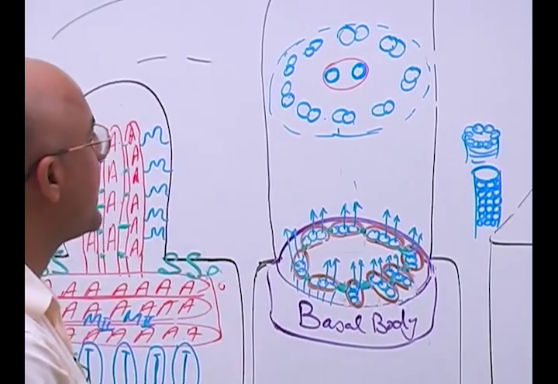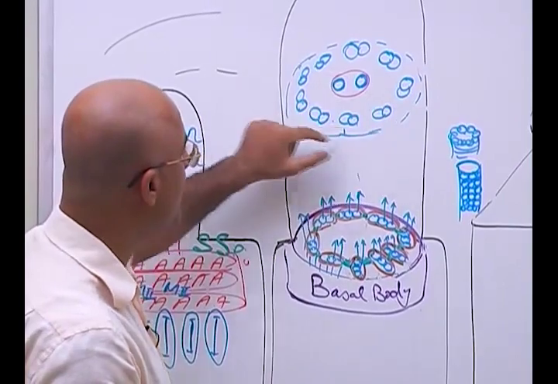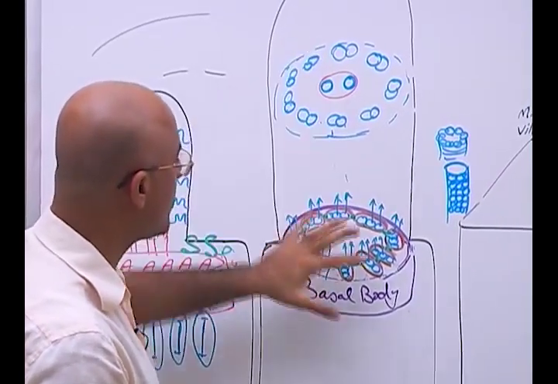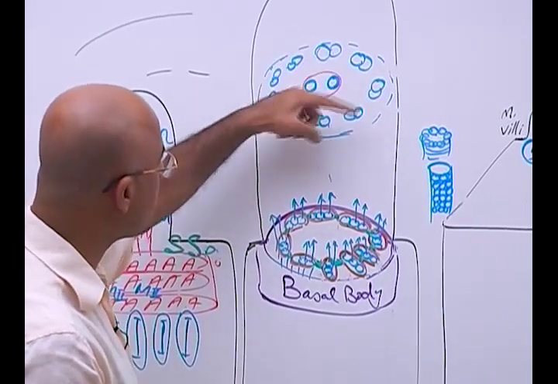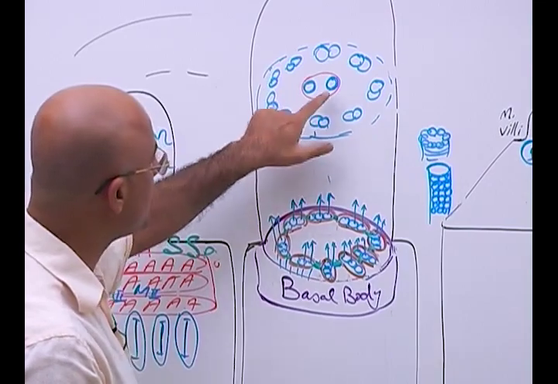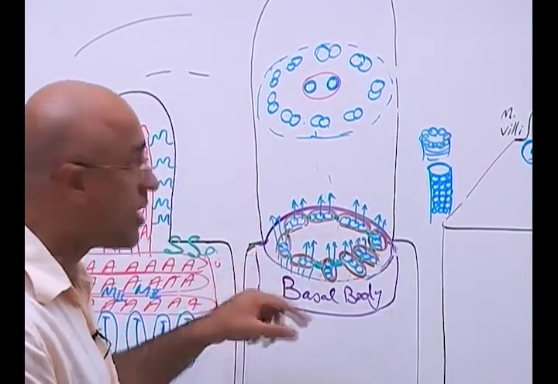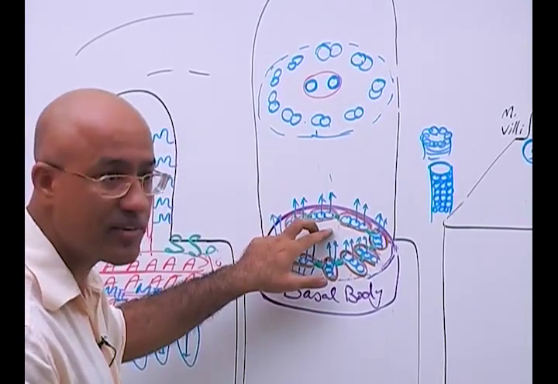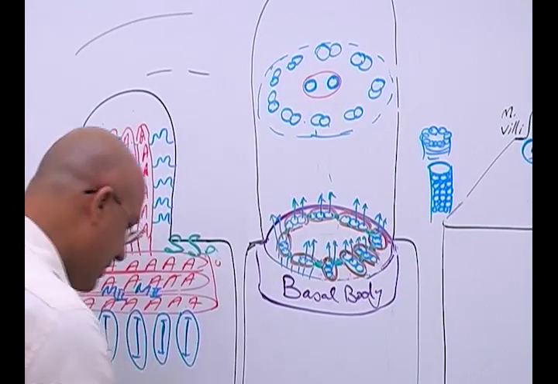So we can say the core of the cilium is made of tubular extensions from the basal body, made of 9 doublets. In the center there is a single central sheath having 2 single tubular extensions. Any question here? These are not present in the basal body, right?